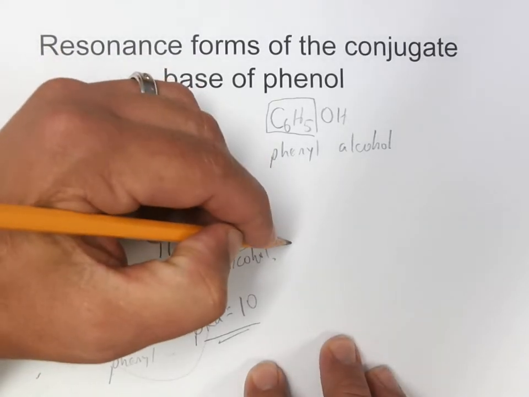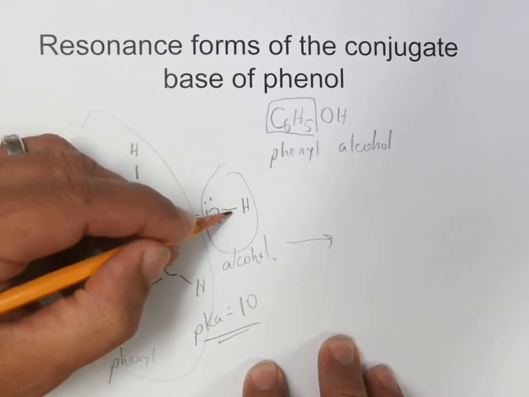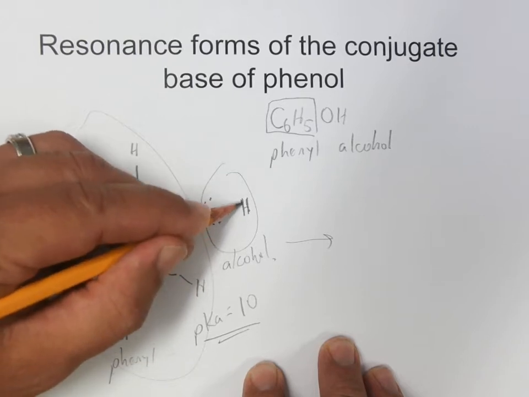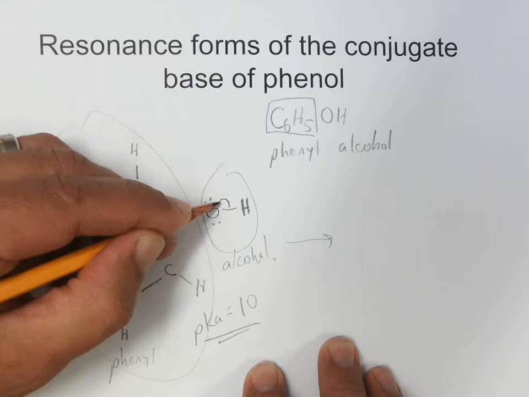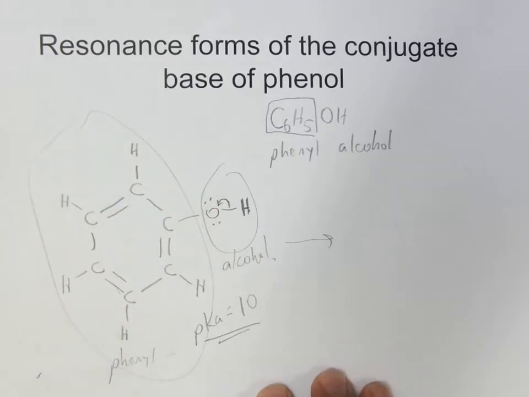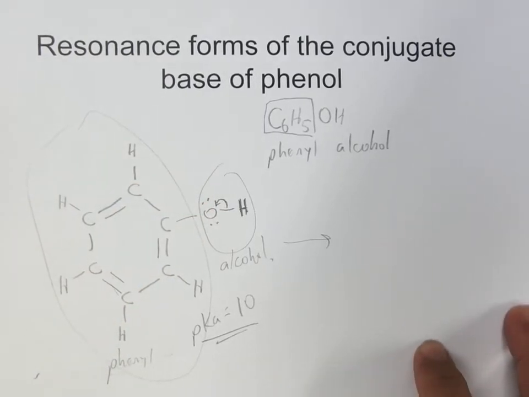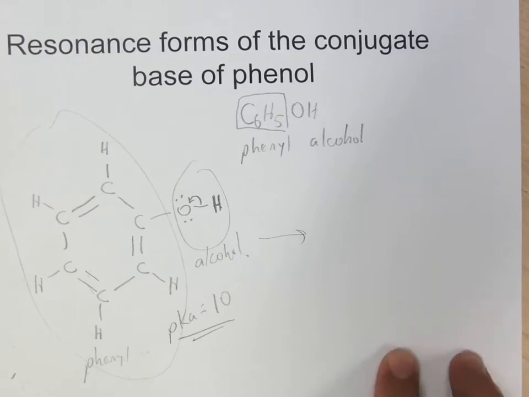The way we get the conjugate base is to release the H+, so the hydrogen is going to leave without its electrons, and the electrons in the bond are going to go to the atom connected to hydrogen, in this case the oxygen.